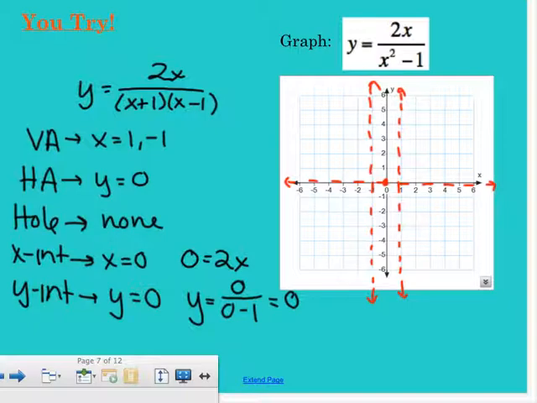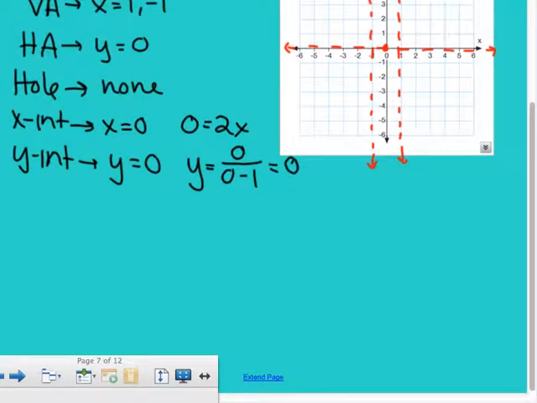You are never allowed to cross vertical asymptotes. So this will be the first case that you guys see where you do actually cross the horizontal asymptote. So you should know that there's going to be a branch to the left of the vertical asymptote, in the middle of them, and then to the right. So you're going to pick points in all of those places.